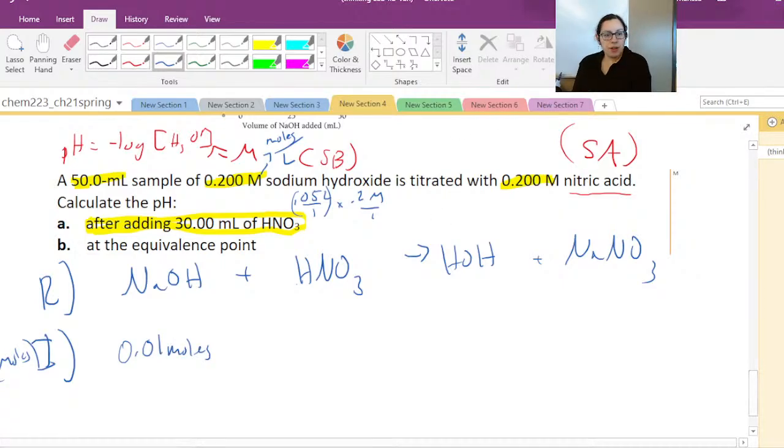And then looking at our A scenario, how many moles of nitric acid do we have? So 0.006. And then we'll just put none and none, because this is just our initial conditions before we've even mixed them.